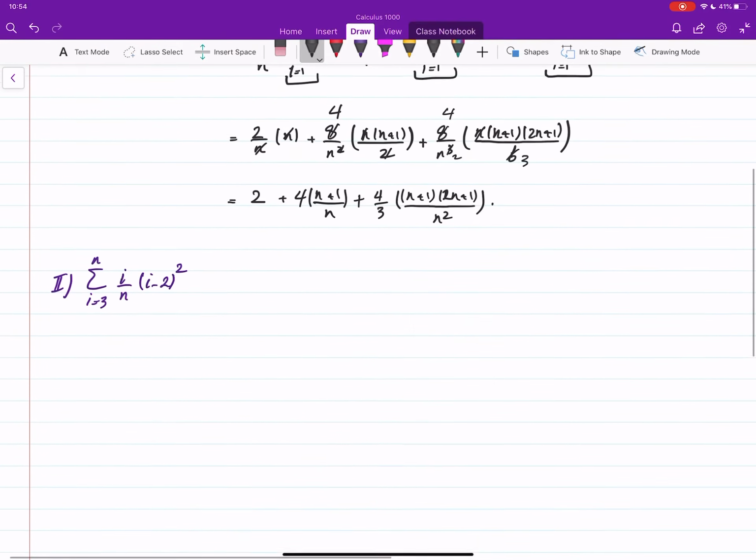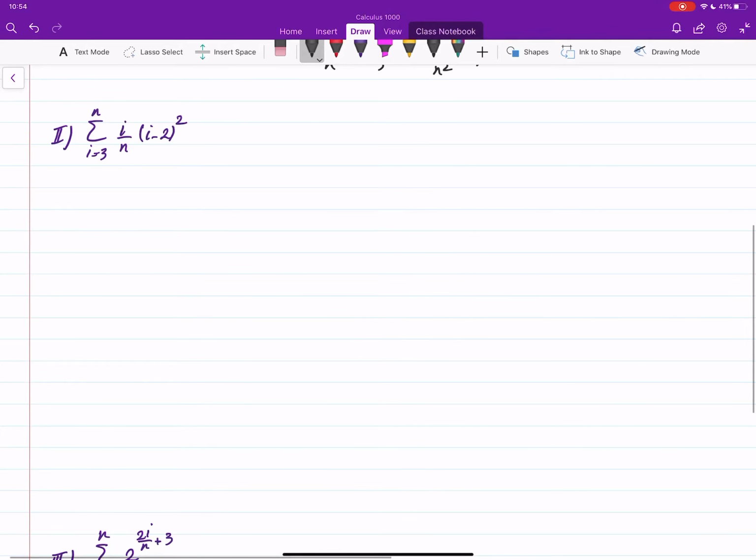Very nice. The second example, again, we have some n. This is just a constant, some i's in there. And one of the issues that we have is that i, instead of starting from 1, starts from 3. So it means that we have to rewrite this with a new index starting from 1. How do we do that? Well, let j be i minus 3 plus 1, which is i minus 2.